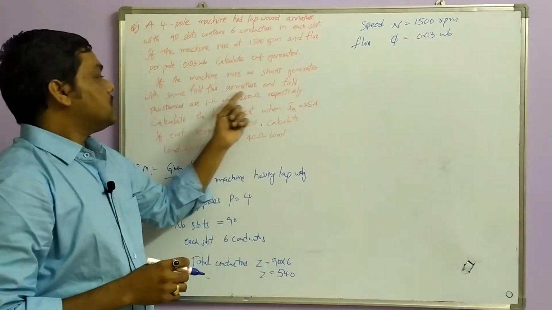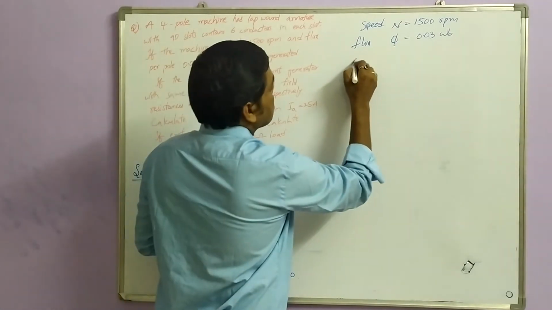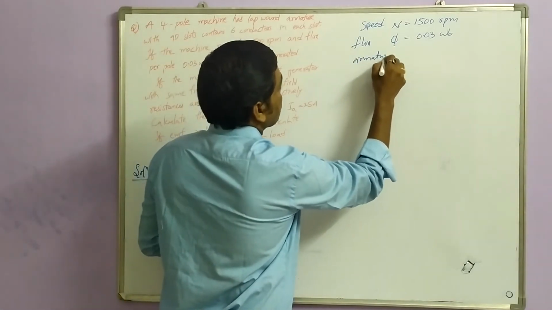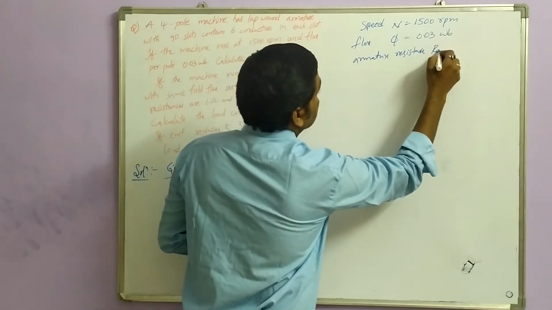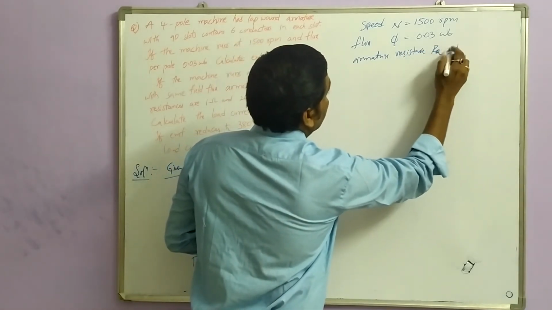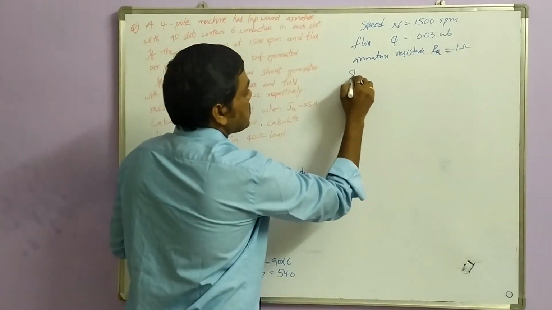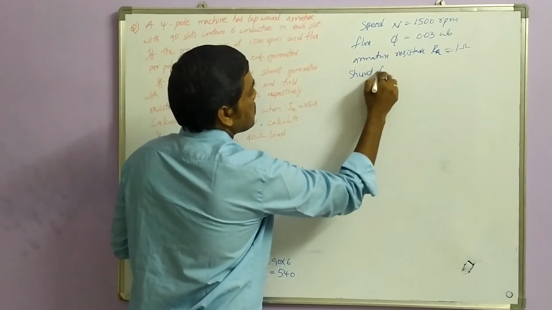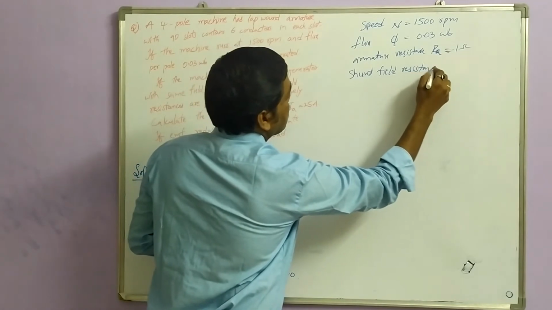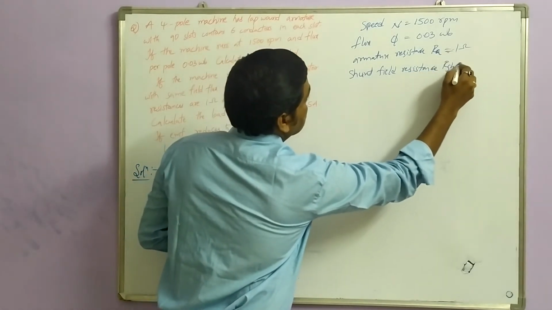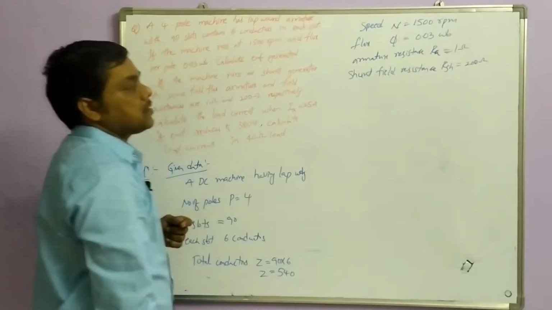The resistances are also given: armature resistance RA is equal to 1 ohm, and shunt field resistance RSH is equal to 200 ohms.